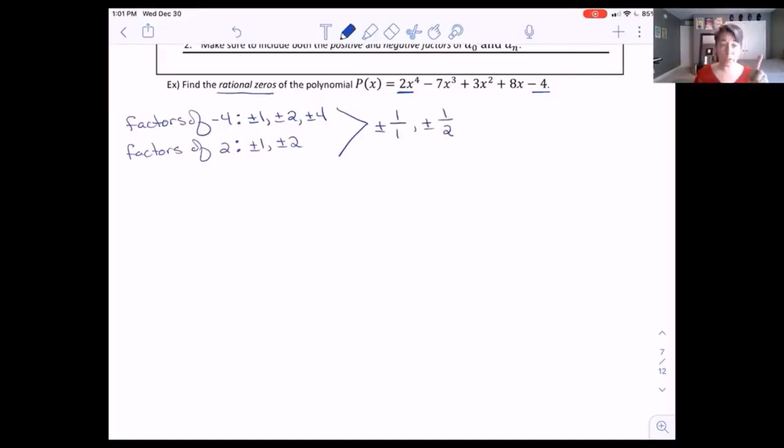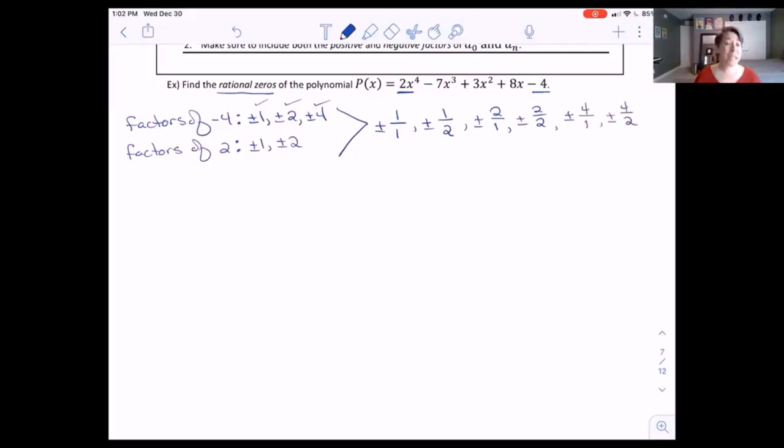So I got the 1 from factors of 4, and that denominator, 1 or 2, are your factors of 2. So we've used this guy. Now we're going to use this guy, factors of 4. So we can have plus or minus 2 over 1, or plus or minus 2 over 2. And now we use the 4. We can have plus or minus 4 over 1, or plus or minus 4 over 2.